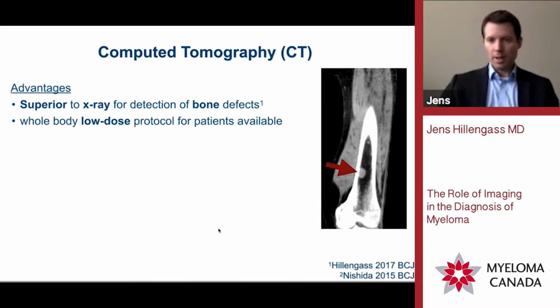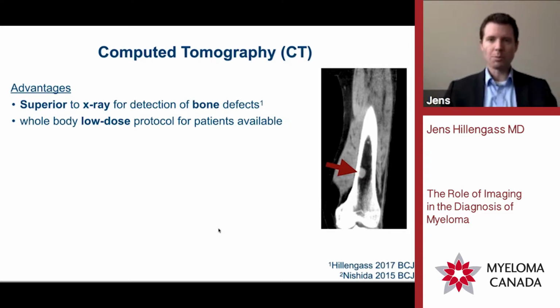As you might expect, it has a higher radiation dose, but the bone itself is very, very dense, and the density has an effect on the weakening of the radiation beam. Therefore, because the bone is very dense, we don't need a very high dose for CT, and so there are low dose protocols.